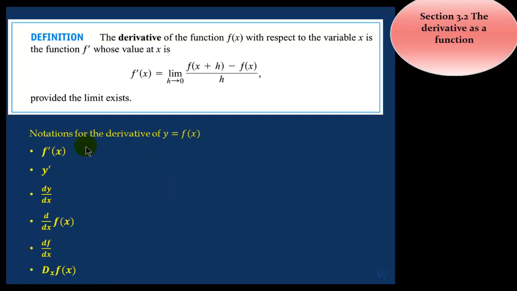And for notation purposes, there are different ways to denote the derivative of y equal to f of x. Sometimes we denote it as f prime of x, or sometimes it's y prime. It's also written as dy by dx, or d by dx of the function f of x, or df by dx, and we even use the notation capital D of f of x with a subscript small x, to mean that we are taking the derivative with respect to the variable x.